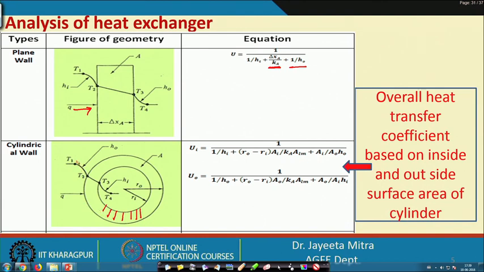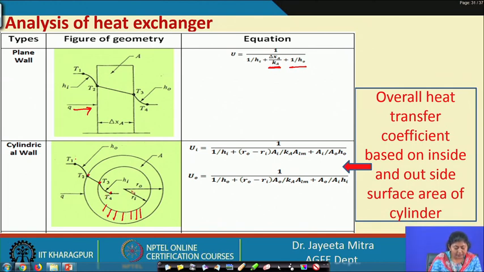If the high temperature fluid is outside, let us say T1 is the temperature. So, T1 to T2, that is the outside surface of the tube, then it is conducting through the wall, and T3 is the inner surface of the tube, and T4 is the fluid which is in the central tube.